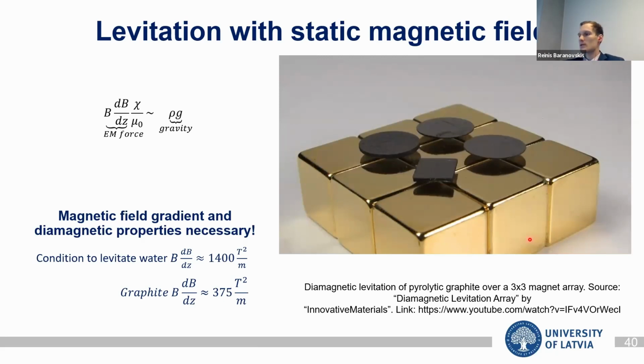However, to levitate something made out of water, some scientists did the levitation of a frog, you need the magnetic field multiplied by the magnetic field gradient to be so large, more than 1,000 Tesla squared per meter. So you have to have tens of Teslas strong magnetic field to levitate something made out of water.